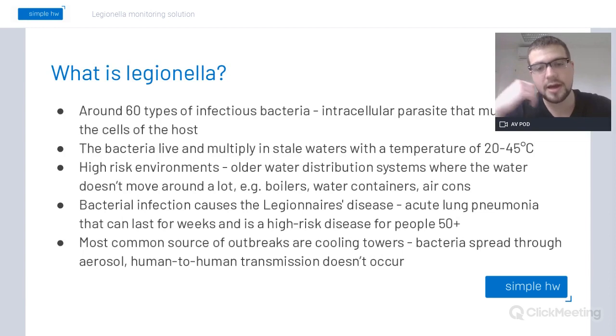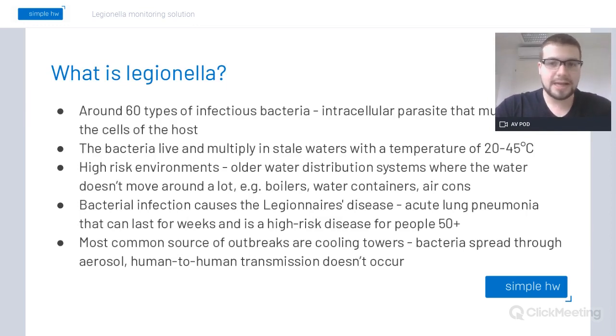Rather, it is a deadly disease that can be contracted through the air, but only around the places where the bacteria grows. The environment where the bacteria grows is water. There are several conditions for the water that need to be met in order for the bacteria to grow.